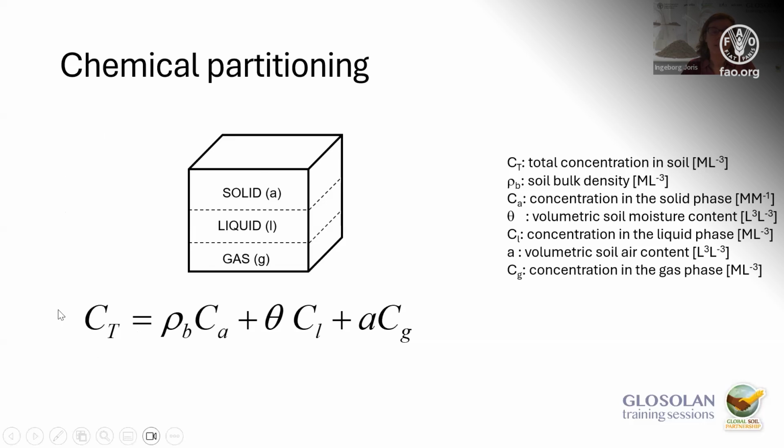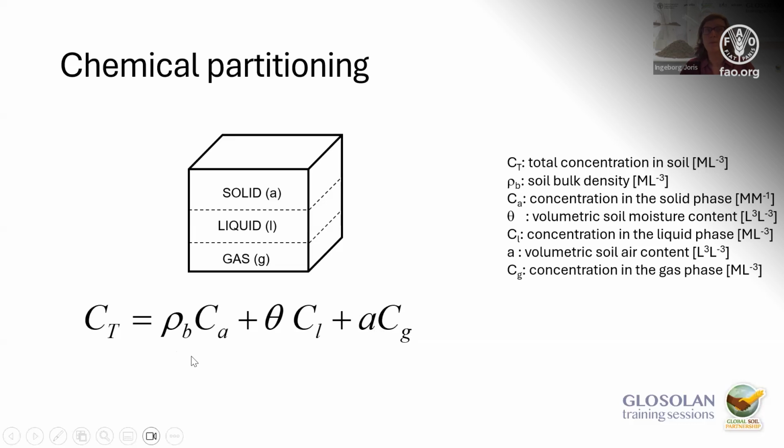Your total concentration is made up of the sum of your concentration in the solid phase, this is here called Ca, your concentration in the liquid phase, Cl, and the concentration in the gas phase, Cg. And each of these concentrations in the separate phases are then multiplied by the volume fraction that the phase takes up.